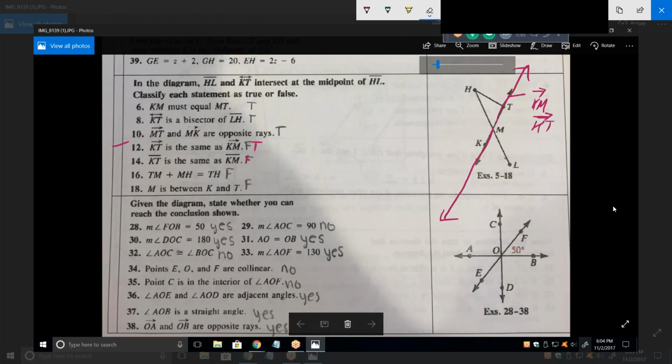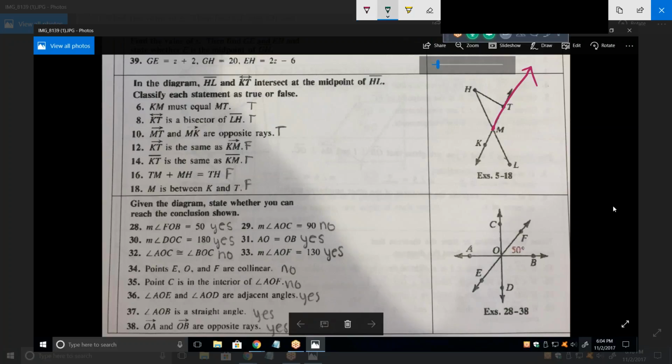If we look at number 10, tell me something. The ray MT, does that start there and go there? Yes. Well, then that ray is not the same as the ray TK or MK.